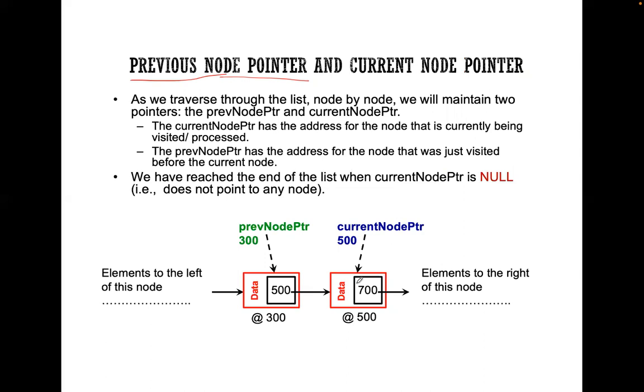For example, if the current node pointer is pointing to this node, the previous node pointer will point to the node that was just visited, the previous node of the current pointer. That's how we are going to move the current node pointer and previous node pointer.